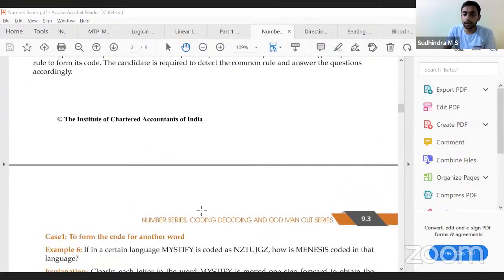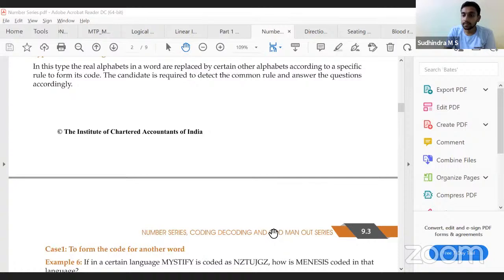Right. Next, with regard to coding. Mystify is coded as so and so. How will menaces be coded? Correct. So tell the logic. What is the logic here? Next letter.